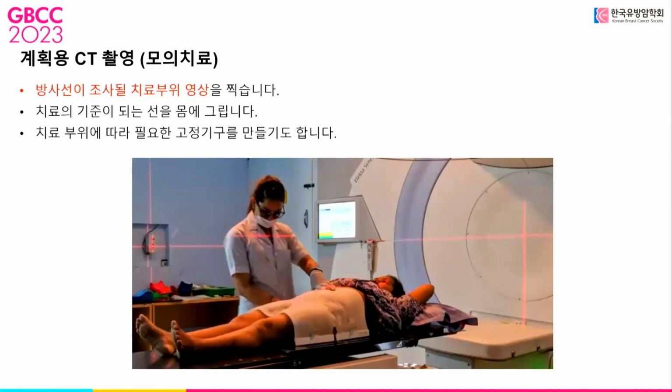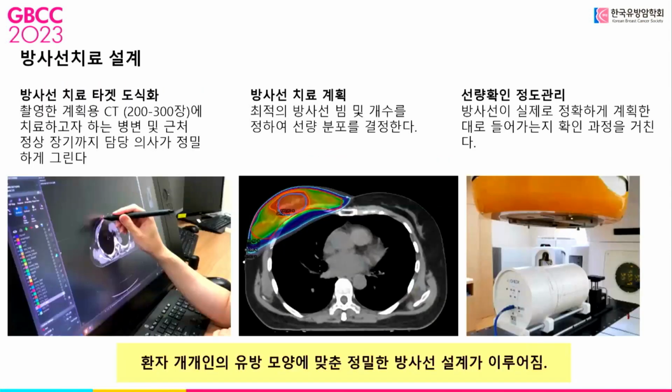During the CT scan for planning, in other words, during the mock treatment, imaging of the radiotherapy field is taken. And at this time, the reference points for the treatment are drawn on the body, and if necessary, a fixing apparatus is made. And based on the CT scan, the ACPs will design the radiotherapy.